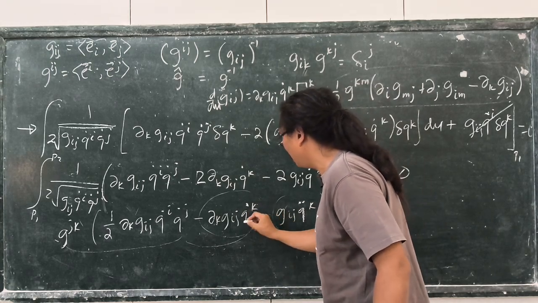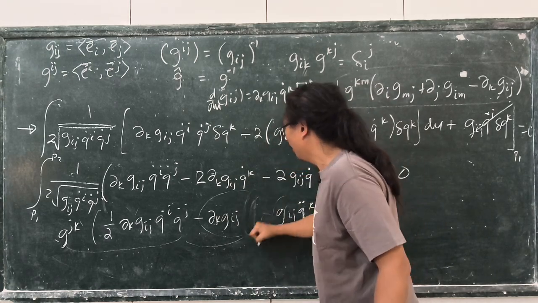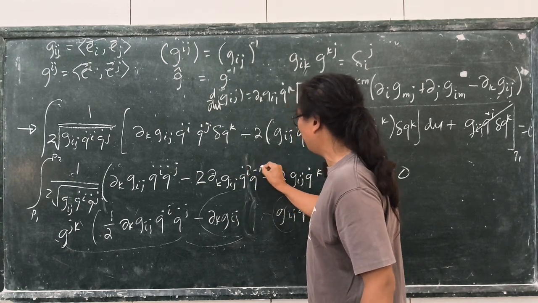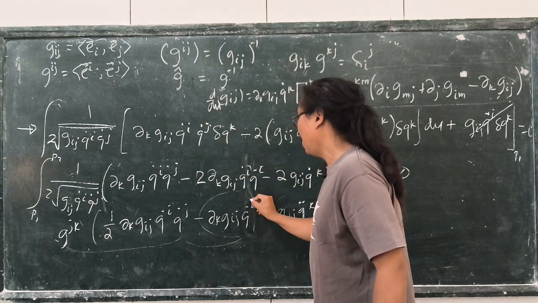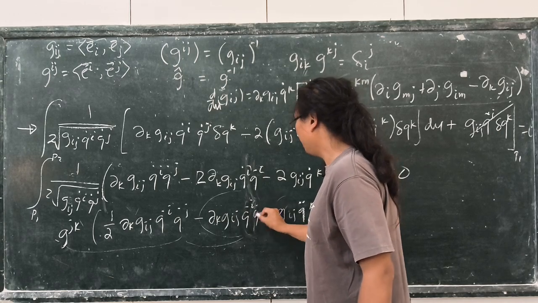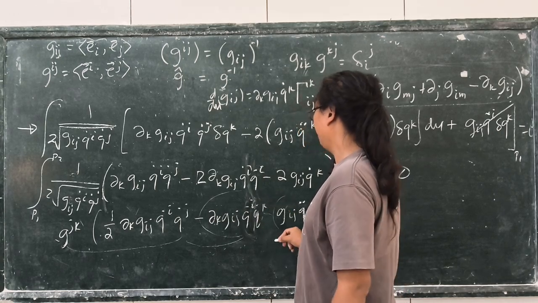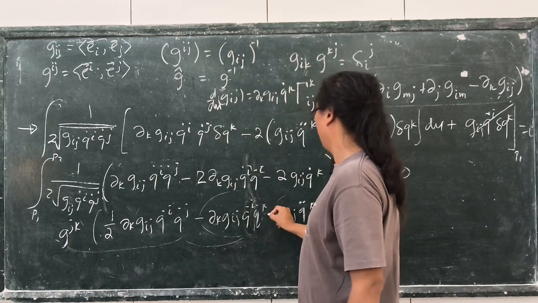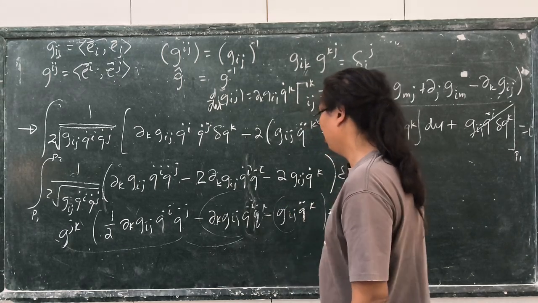So this is q dot i, q dot k. So q dot i, q dot some k. Minus, you know?